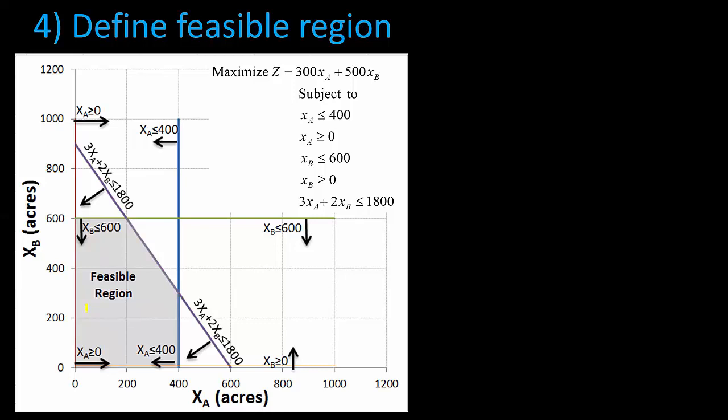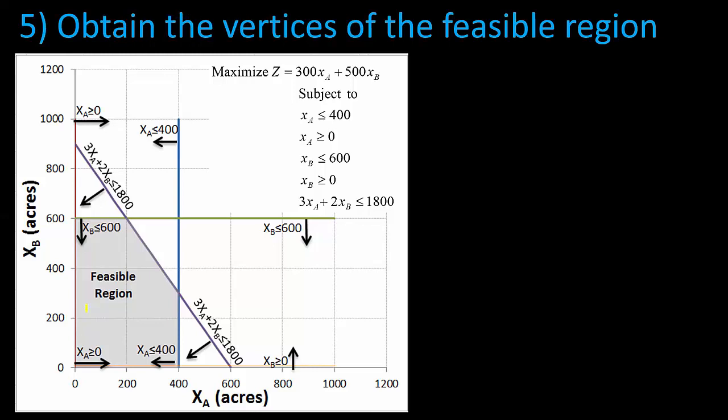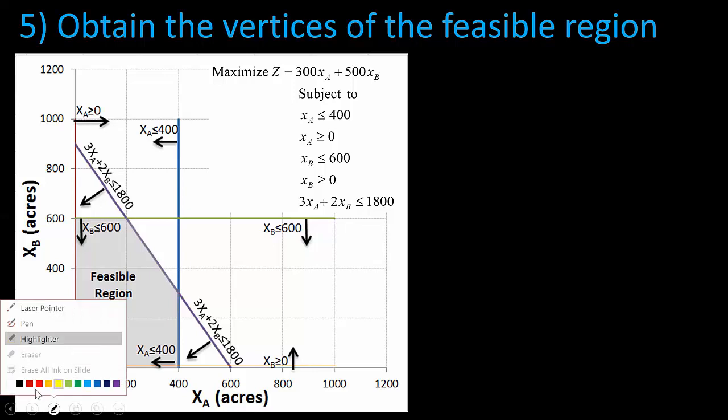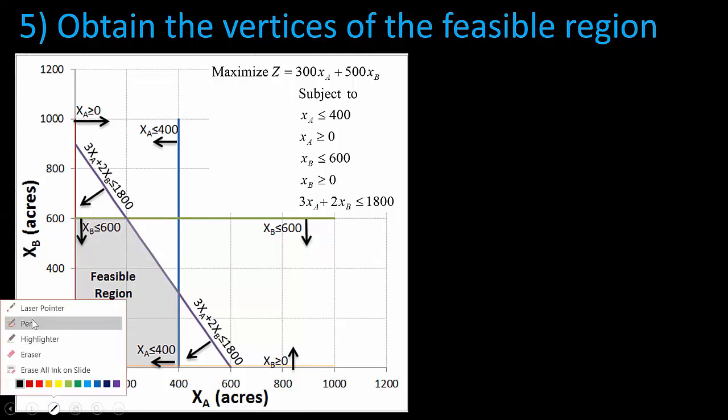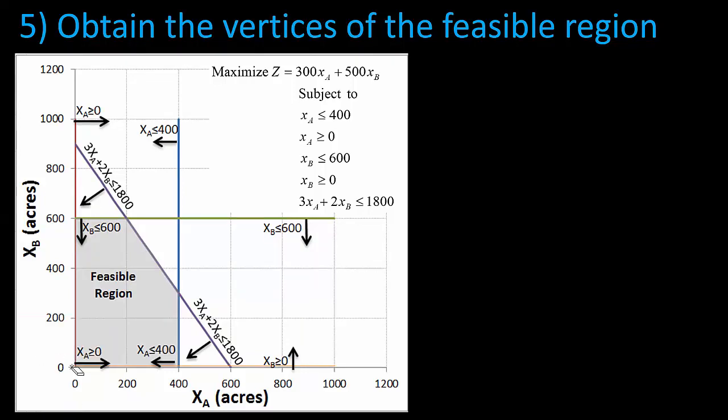The next step, step number 5, is to obtain the vertices. At this point, what we want to know are the specific values of the corners that this polygon makes. So what are those? Let me change to a pen.